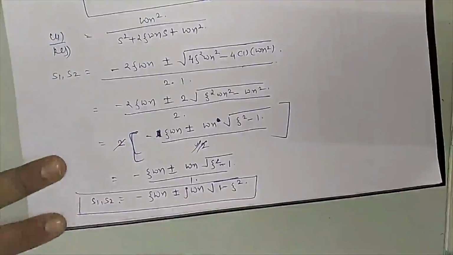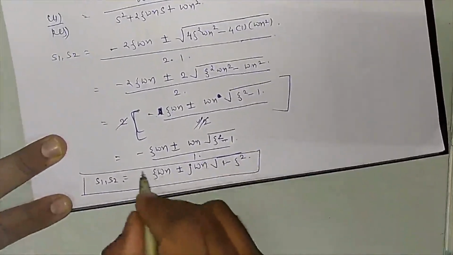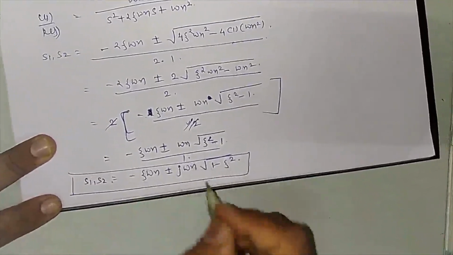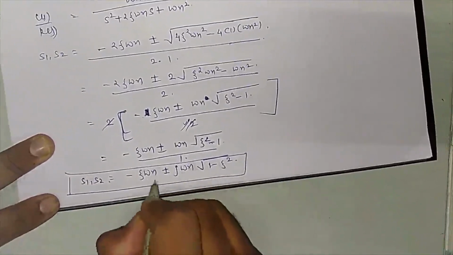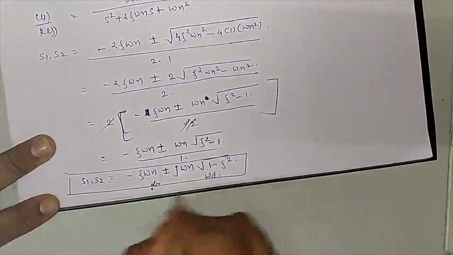Done. Now these two roots, this part I am naming as alpha and omega d. What is omega d and what is alpha we will tell later.